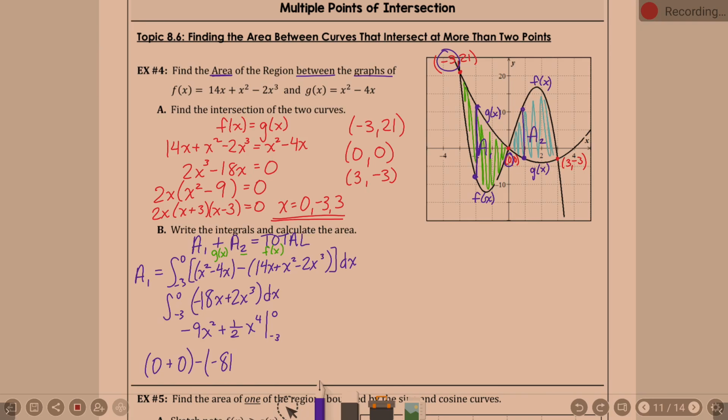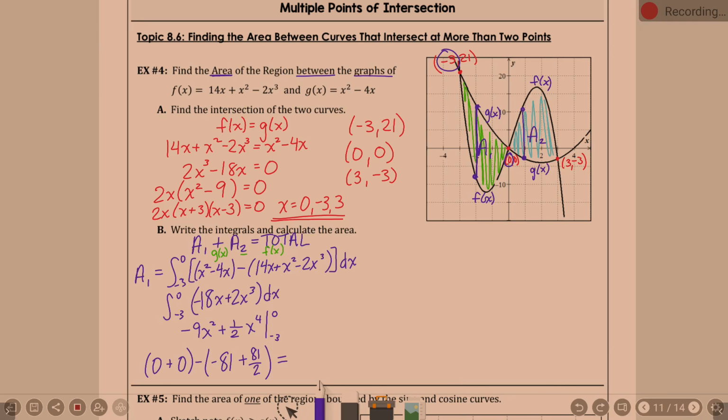Half of 81. Oh, 40 and a half. 40.5 or 81 halves. Whichever you want to do there. What is -81 plus 81 halves? Think about it this way. What's -81 plus 40 and a half?